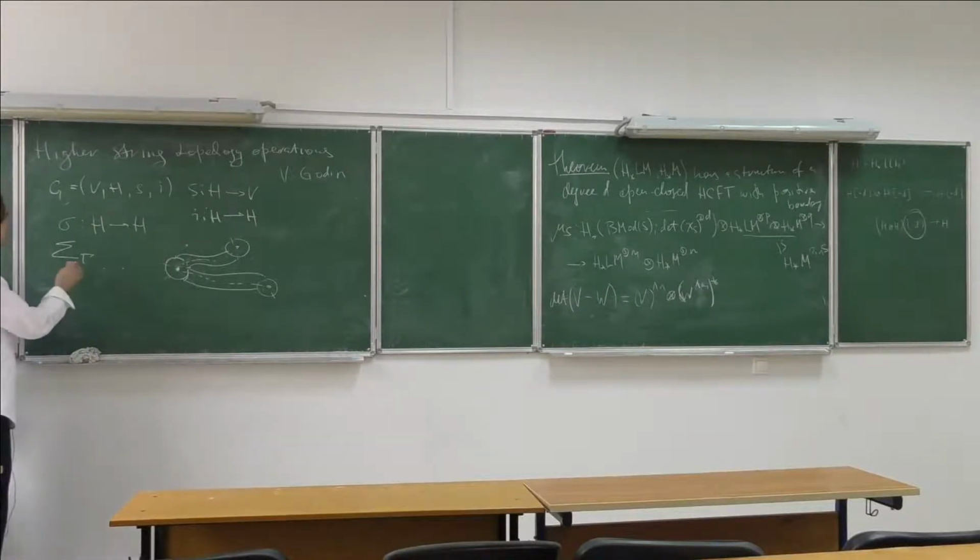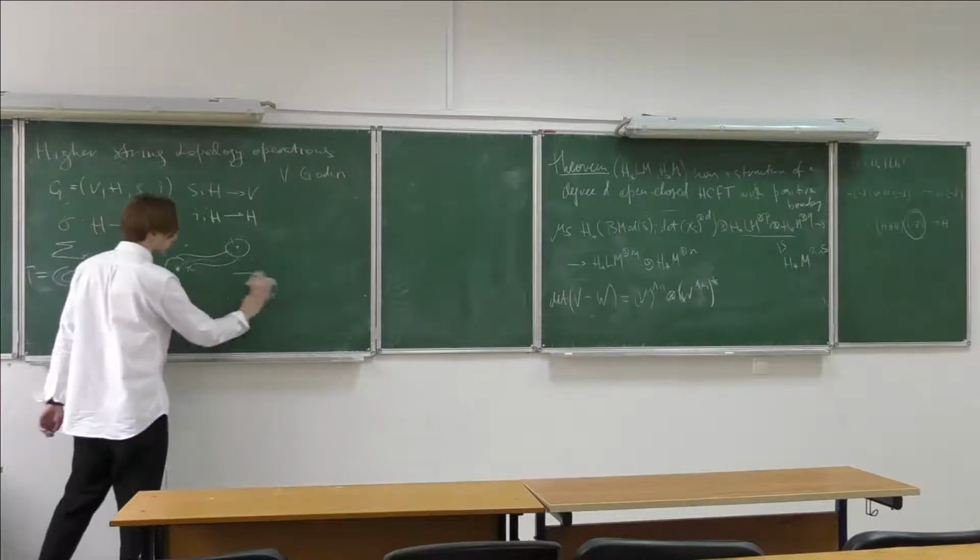Yeah. So the graph G with the permutation sigma is called the ribbon graph or a fat graph, and this will be denoted by gamma.